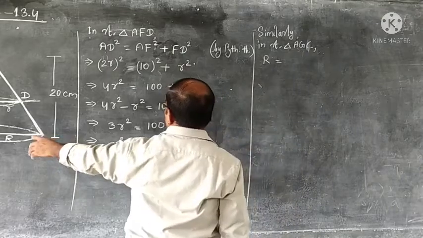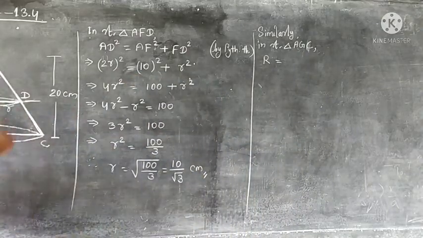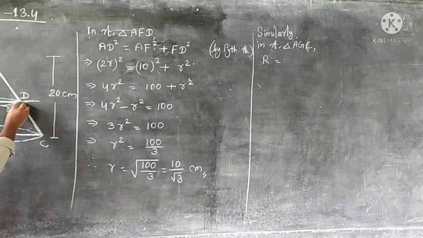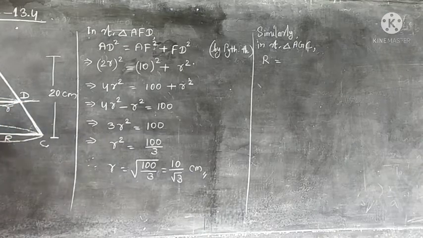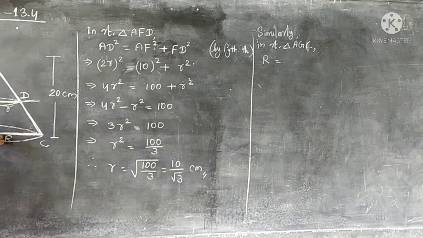So let's see here once. It is R, it will be 2R. This diameter is R plus R, but it will be 2 into the big radius. The height here is 10. Till here, the full height will be 20.